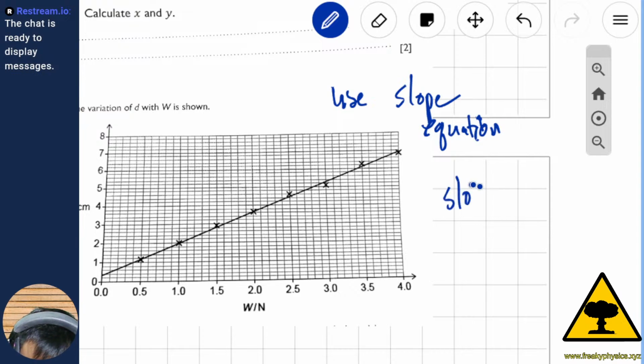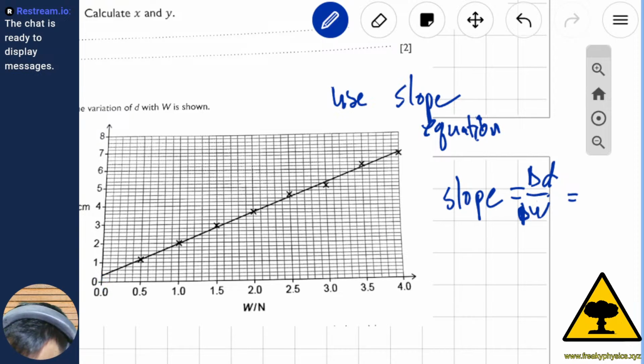We're not even going to do it very mathematically. We're just going to write that slope is equal to change in d over change in w, right? Since this is a straight line, we can say it's basically zero.